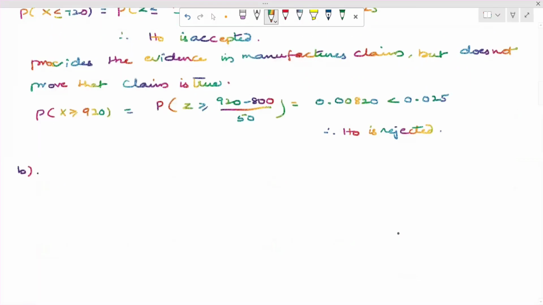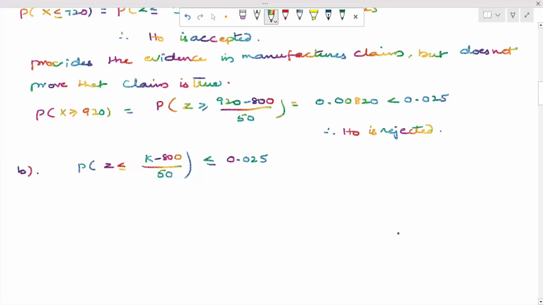Now P of any value, or your k value, right? K minus 800, we have to find how much time it is. Now I am taking k. You can take t also, that is your wish. P of X less than or equal to k is less than or equal to alpha percentage, 2.5 percent, 0.025.